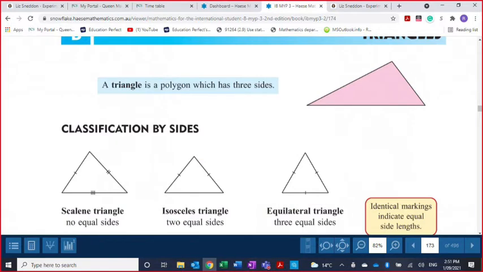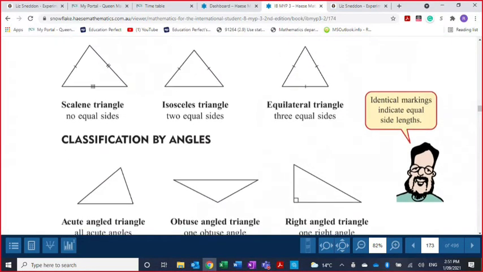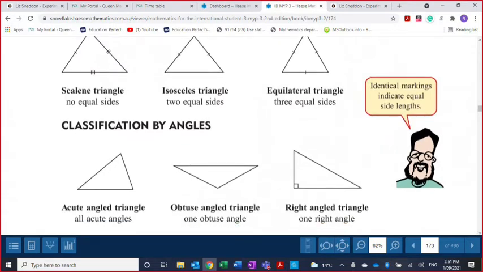Okay? The second type of classification that we're going to look at today is classification by angles. This is just another way of describing a triangle. So again, we're going to look at the types of angles that we've looked at before.